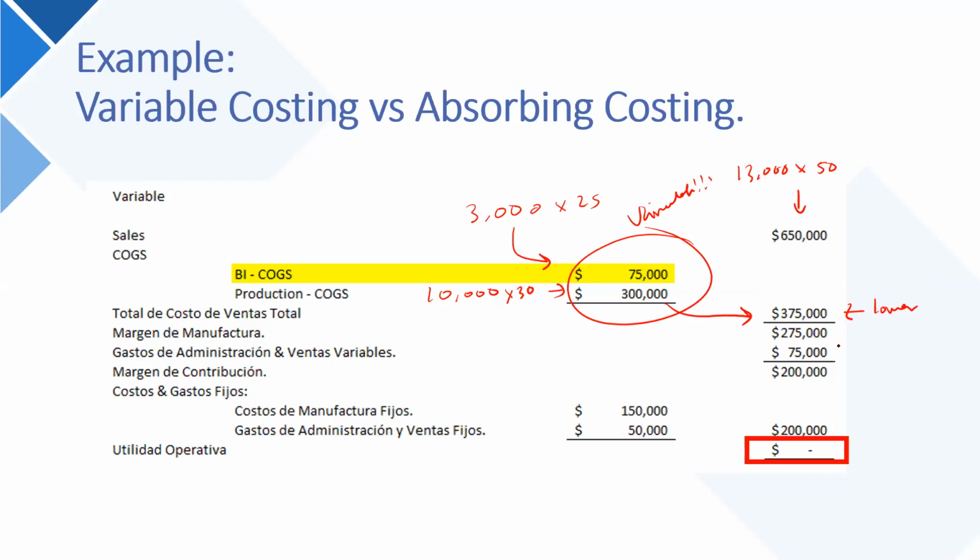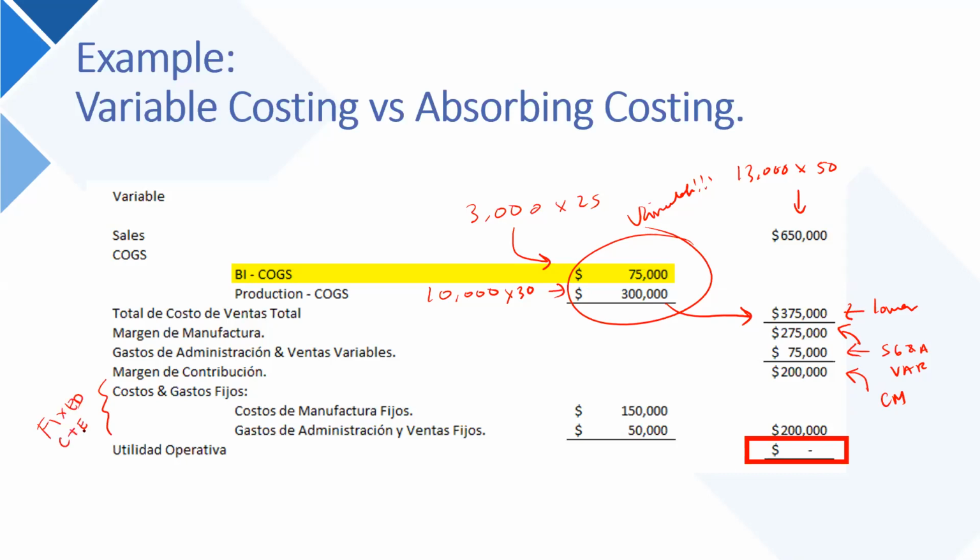Okay, so that's why this one is lower. And if this one is lower, our manufacturing margin is going to be lower, manufacturing profit, I'm sorry. Then we need to include the variable sales, general, and administrative. These are only the variable. Remember, here we're doing a separation between variable and fixed. That's going to give us our contribution margin, and we end up with the fixed cost and expense.